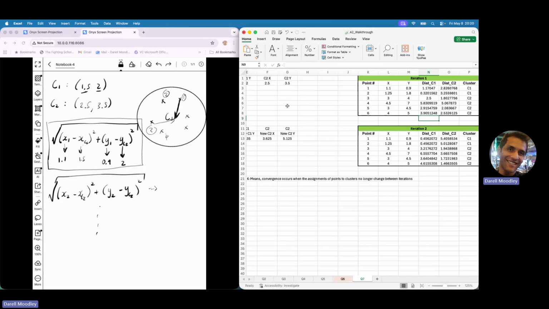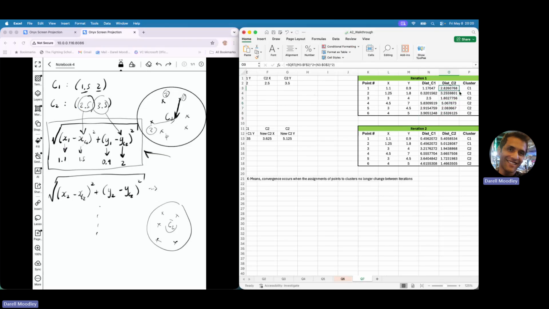You'll be dealing with this value for xc2 and this value for yc2. In other words, now you have to work out the distance of the points to centroid 2, using the same formula for each point. And that's what I have in my column O. I'm doing that for each point. You need to write that formula out.